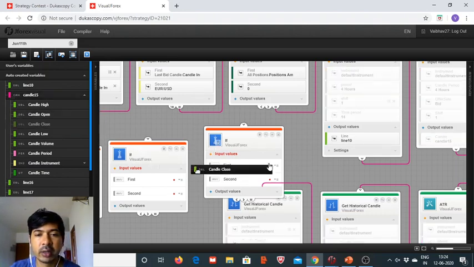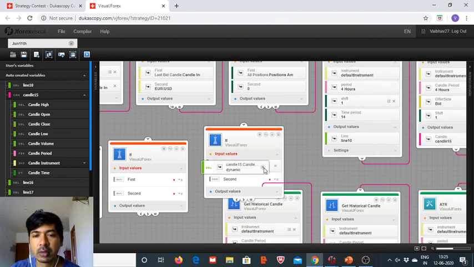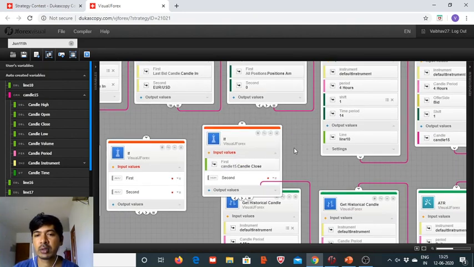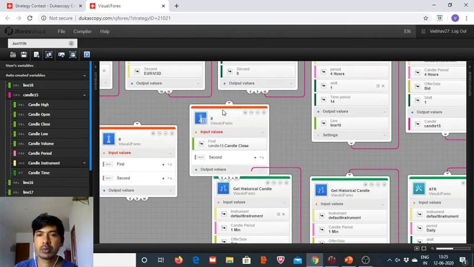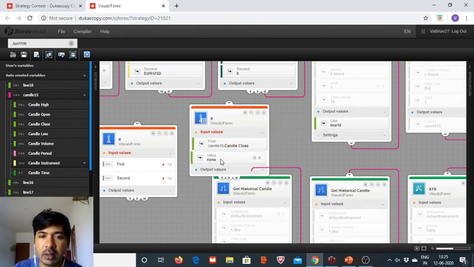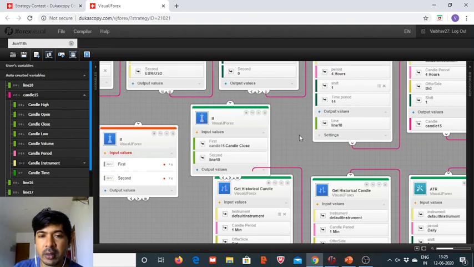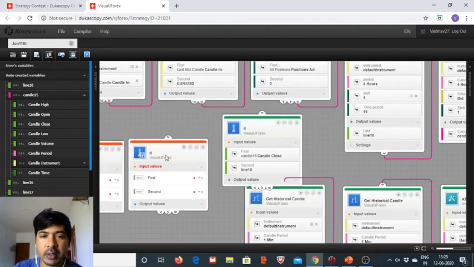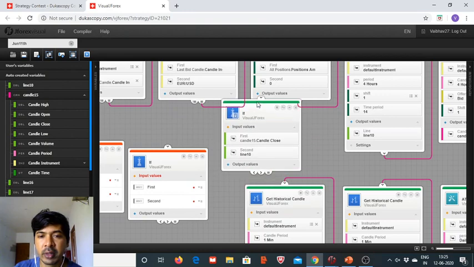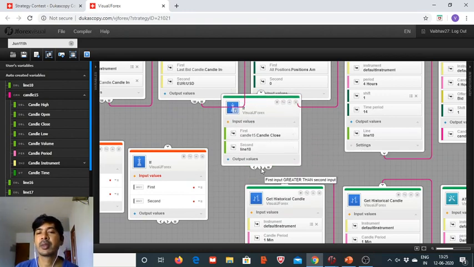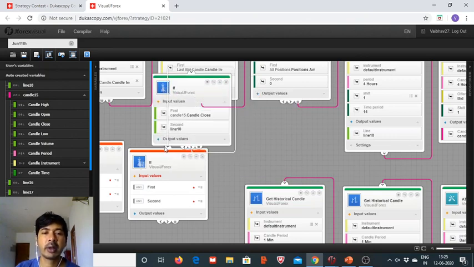So we take this candle 15 close, and then we compare it to the line 10, that is the linear regression intercept level, and there, as I said, the requirement is that first input should be greater than second input. So here we have got this requirement in place.